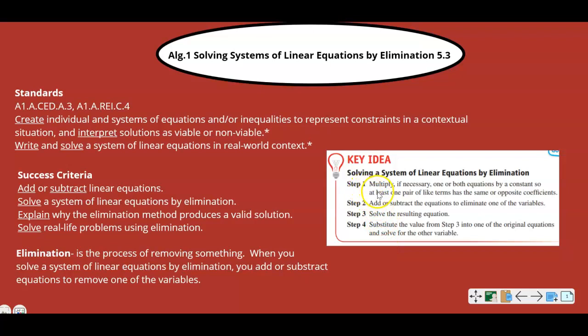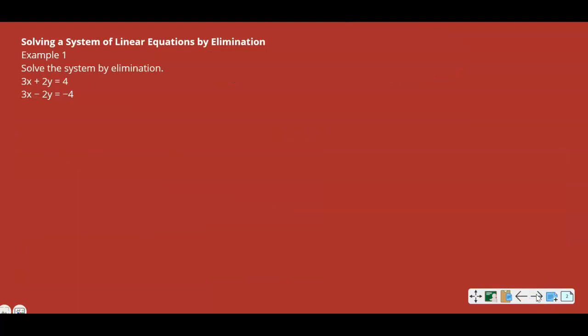All right. Key idea, solving a system of linear equations by elimination. Here are 4 steps. You need to have these in your notes. This is what we're going to be using in order to solve using elimination. All right, example 1, solving a system by elimination.